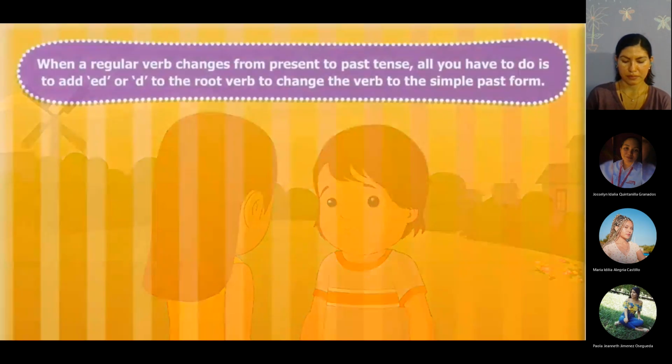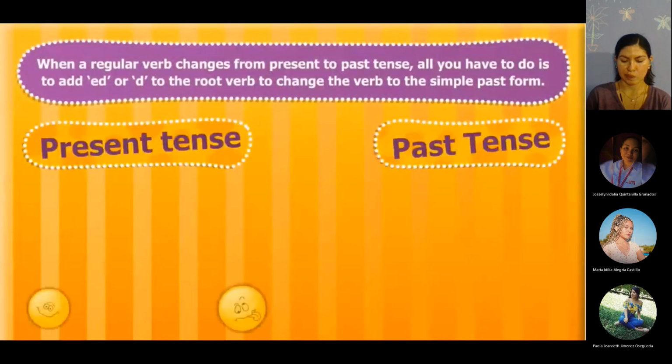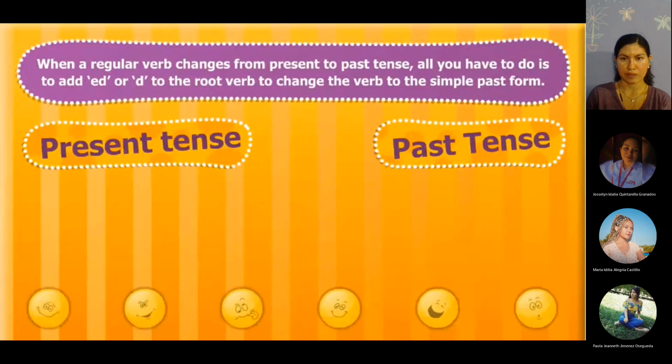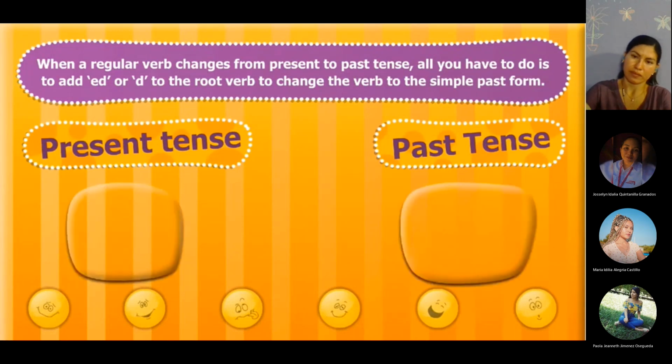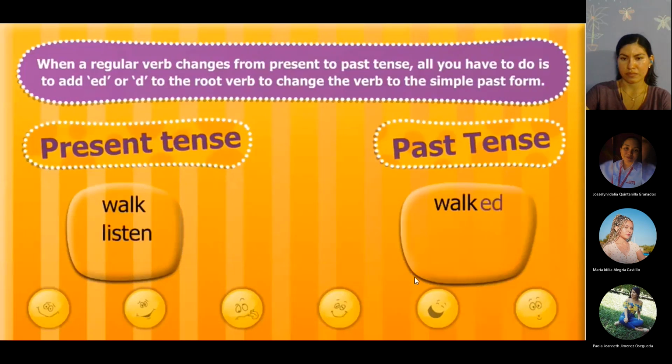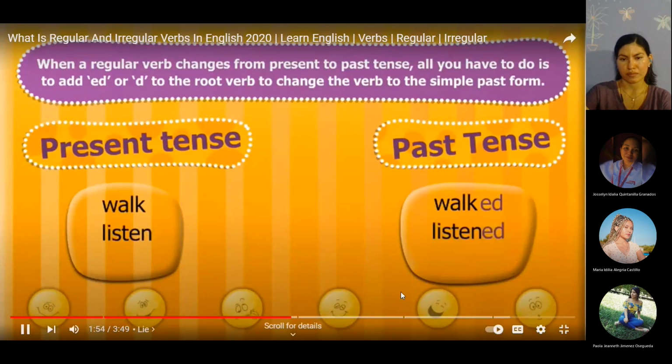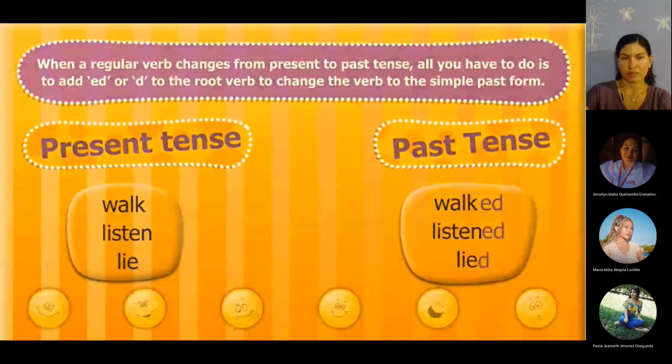When a regular verb changes from present to past tense, all you have to do is to add ed or d to the root verb to change the verb to the simple past form. Let's look at some examples of how regular verbs change from present to past tense. Walk becomes walked, listen becomes listened, and lie becomes lied.